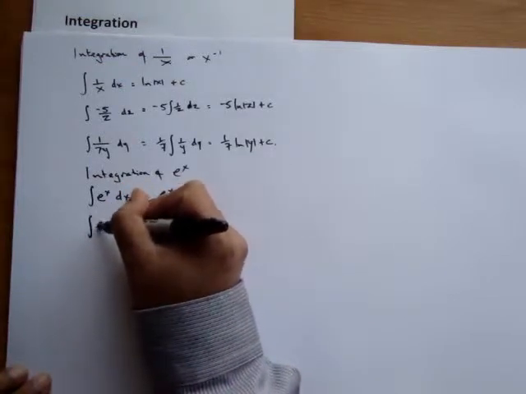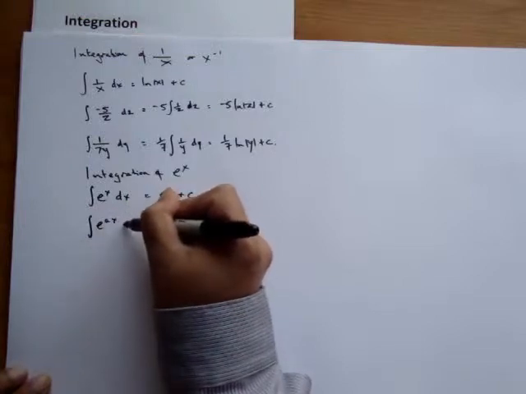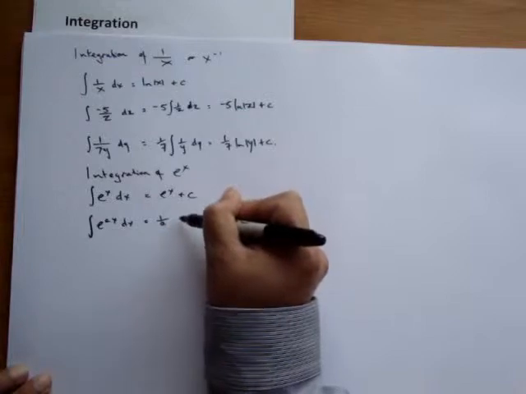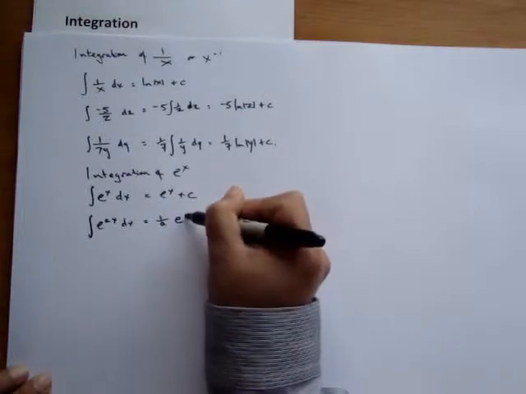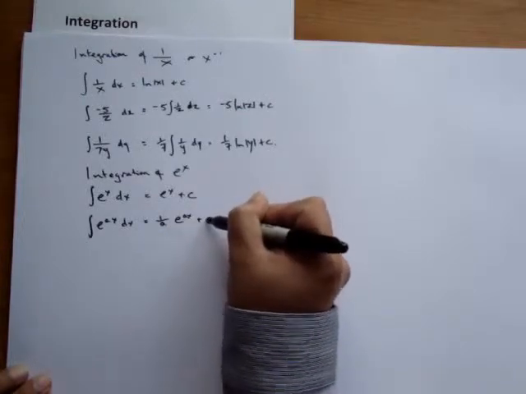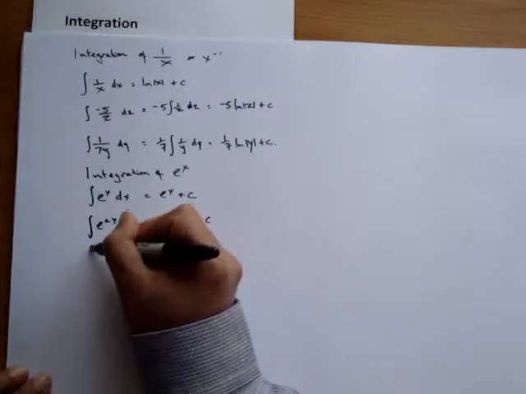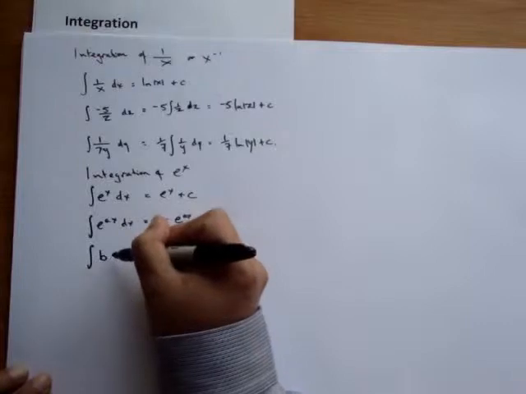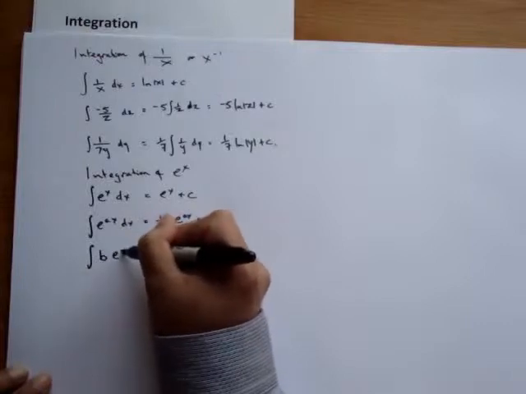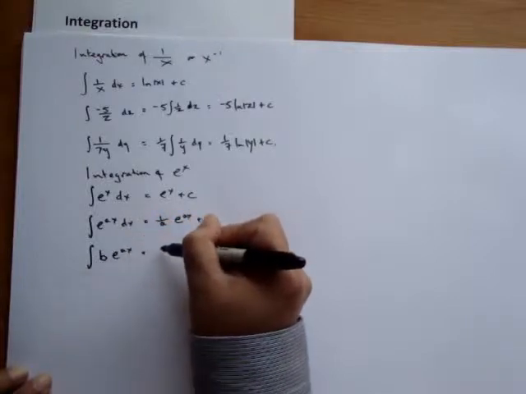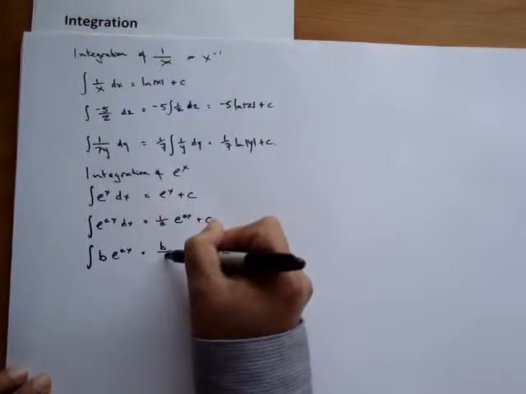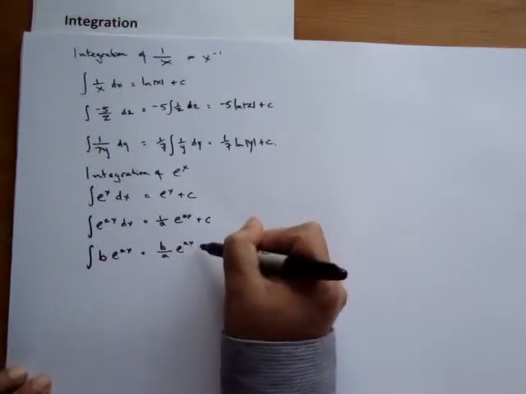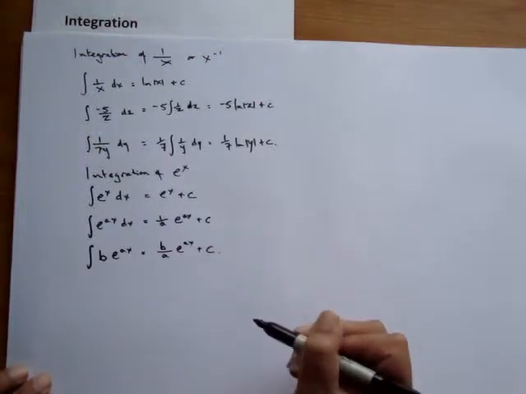Integrating e to the ax dx, we get 1 over a e to the ax plus c, and then if we integrate a constant b e to the ax, we get b over a e to the ax plus c.